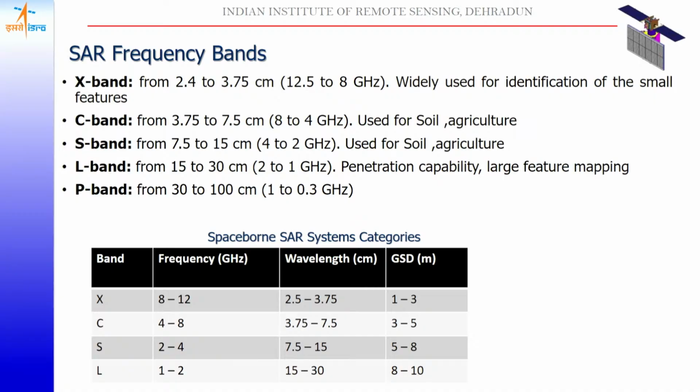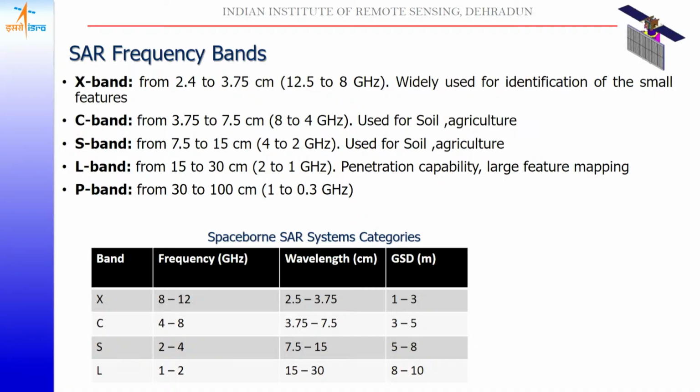Now you can see the different band categories: X band, which is up to 3.75 centimeter, C band from 3.75 to 7.5 centimeter, S band 7.5 to 15 centimeter, L band 15 to 30, and P band 30 to 100 centimeter. They have different applications. In X band we have small feature detection. In C band we use it for soil and agriculture, and S band is also in that category.